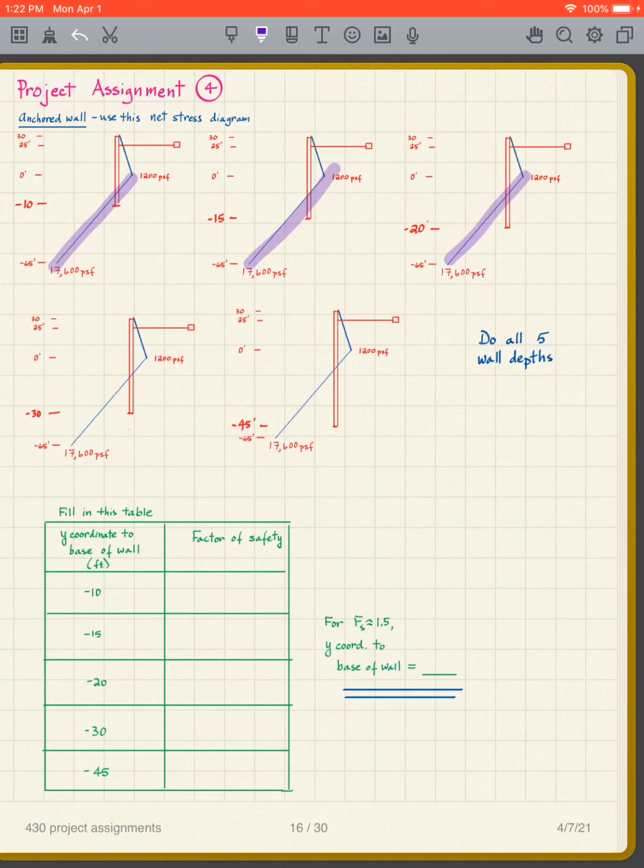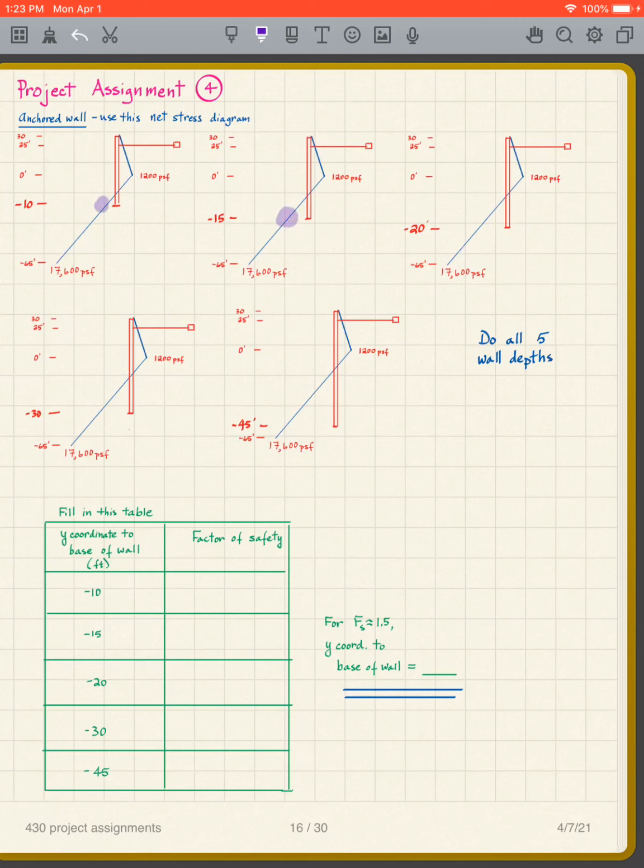So each of these cases has the same active and net stresses, basically. So all the same net stresses. It's just that the question really becomes, as we're going to find, what is the stress at the base?